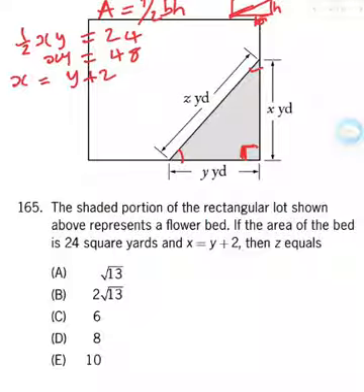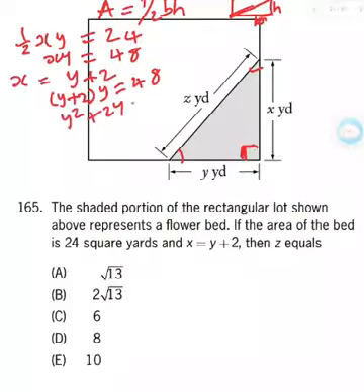If we put y where there is s, we are going to have y plus 2 times y equals 48. So y squared plus 2y equals 48.